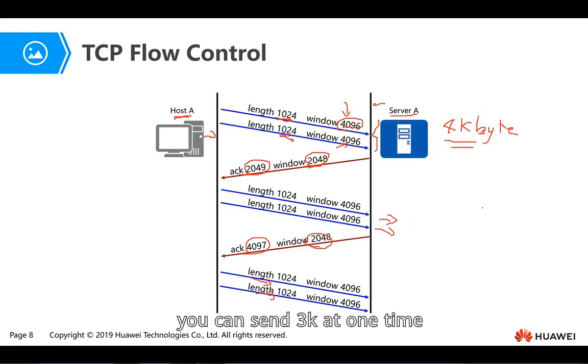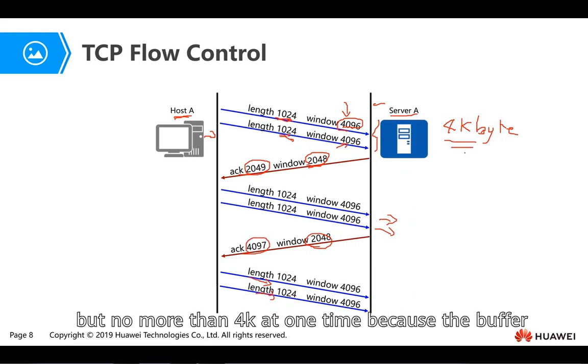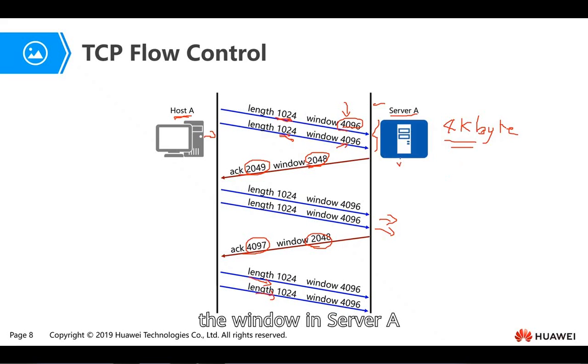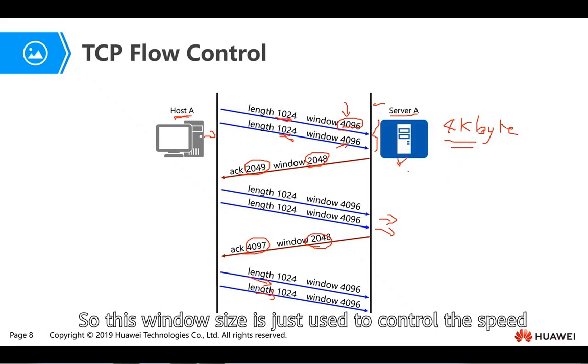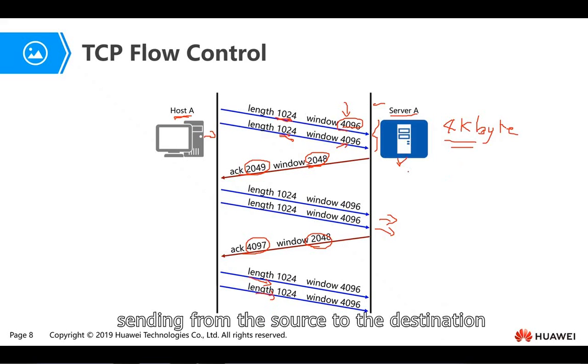Also, you can send 3 kilo at one time, but no more than 4 kilo at one time, because the window buffer in server A will overflow, so the packet will be dropped. So this window size just controls the speed of sending from source to destination.